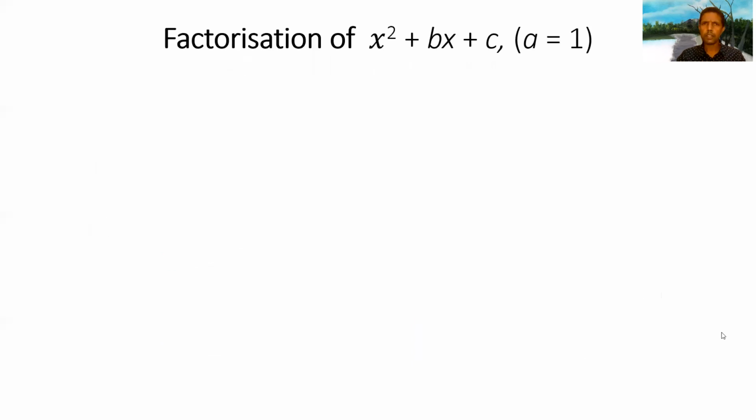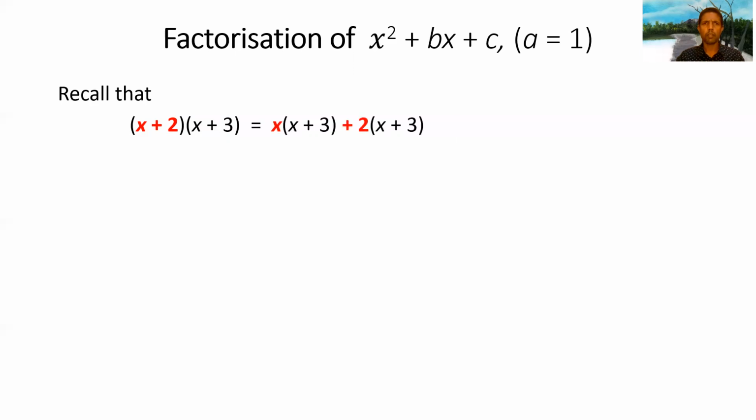Now, to factorize a quadratic expression x squared plus bx plus c, that is, a is equal to 1. Recall that x plus 2 into x plus 3 can be expanded to obtain x into x plus 3 plus 2 into x plus 3.